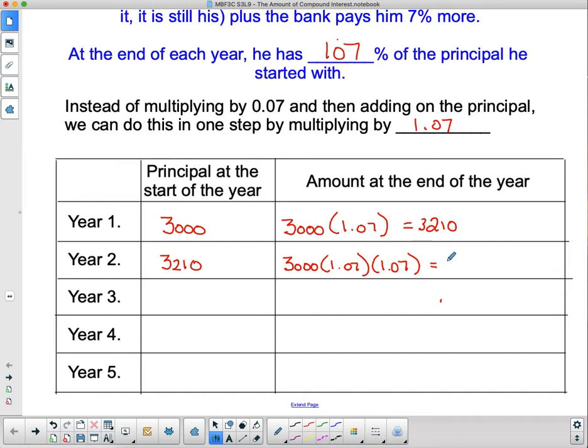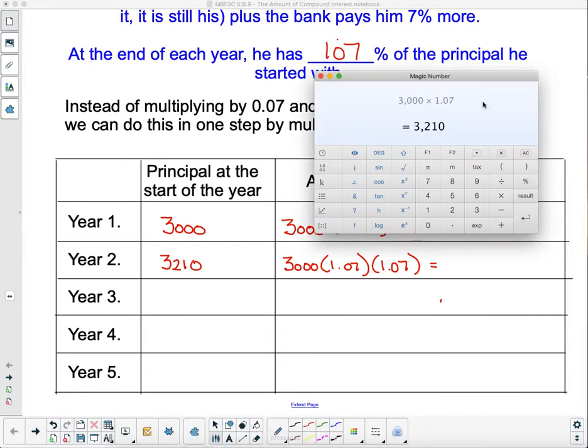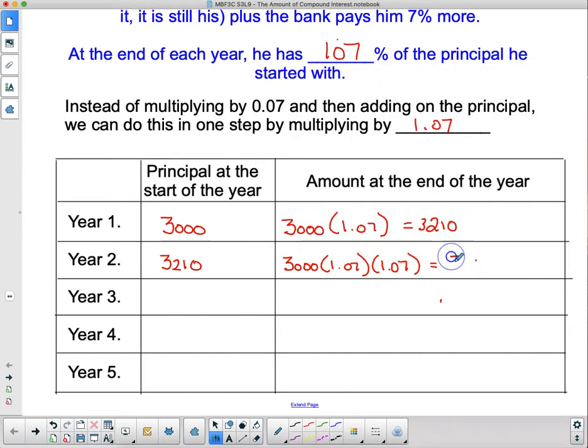This is an exponential growth question. So we have 3210, and I'm just going to multiply that by 1.07, and I have 3434.7, or 70 cents, since we're talking about dollars and cents.